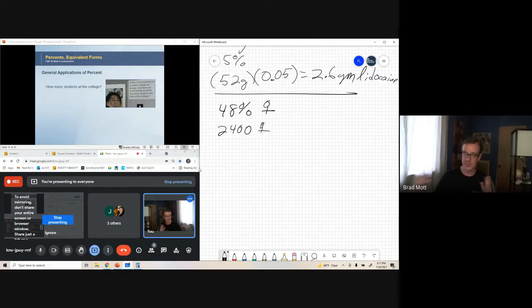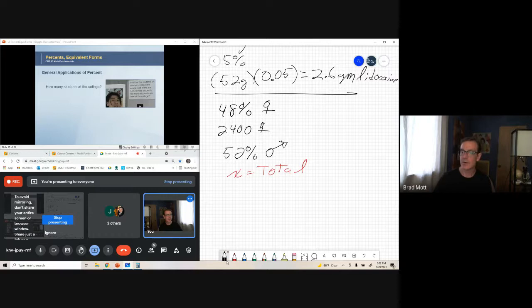That means subtracting 48% from 100 leaves us with 52% who are male. And that leaves us with x being the total number of students. Now we have an equivalency that we can set up and get the correct amount.